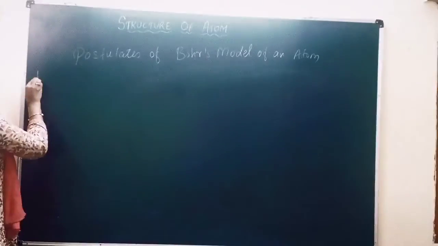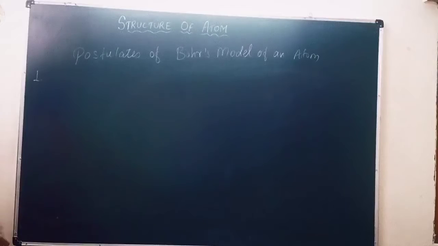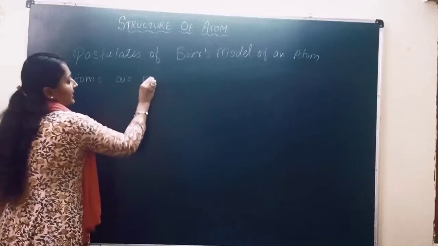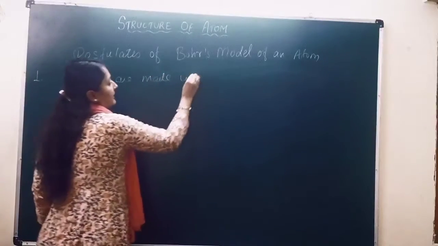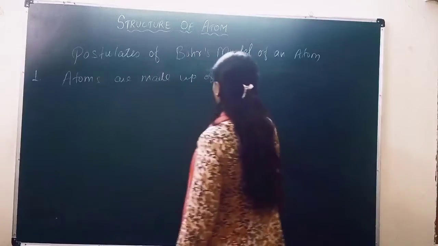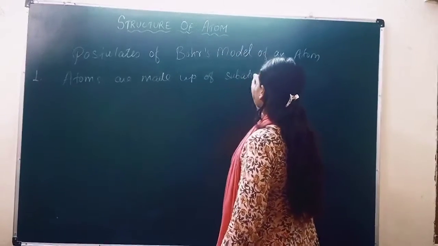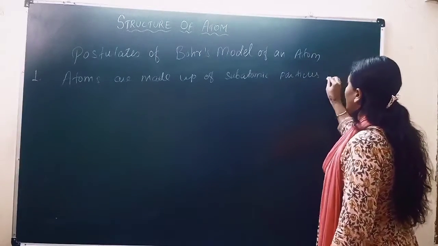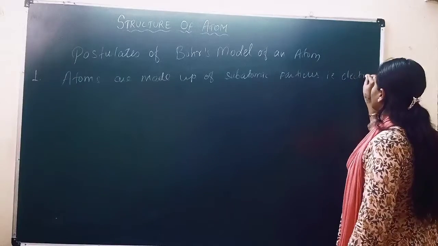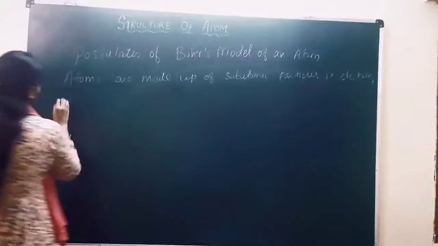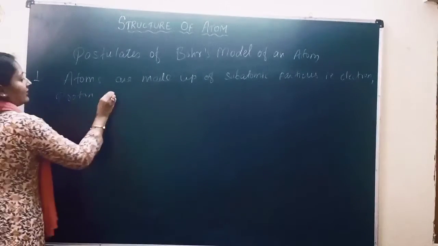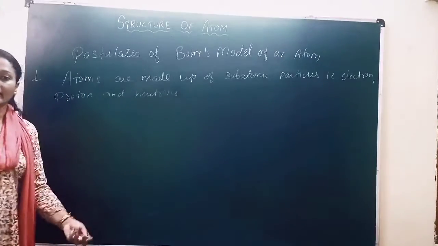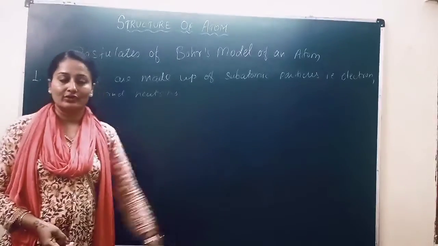So, the utmost important and the first postulate of this theory is atoms are made up of three subatomic particles, that is electron, proton and neutron. Means atoms can be divided into electrons, protons and neutrons.